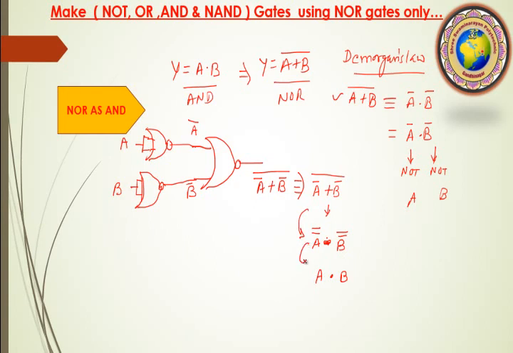Using this De Morgan's law, I receive output y equivalent to a dot b. So here y is equal to a dot b. Using these three NOR gates, we make an AND gate.